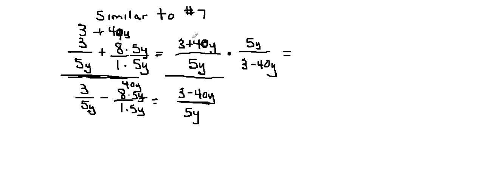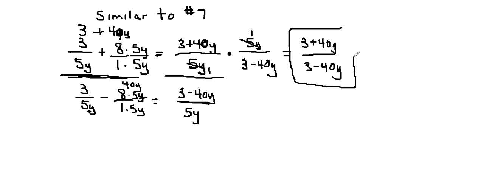I can't factor anything out of this 3 plus 40y, nor down here 3 minus 40y. But I can cancel these 5y's. They go into each other one time. So my final answer here is going to be 3 plus 40y divided by 3 minus 40y. And that's it. I'm done.